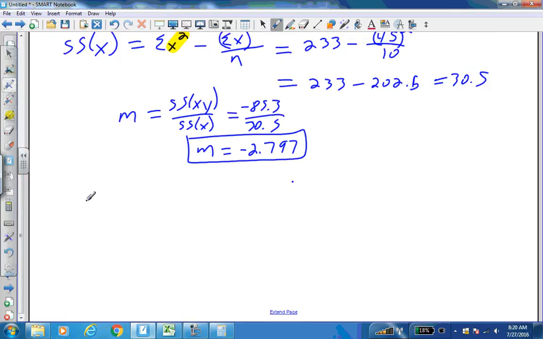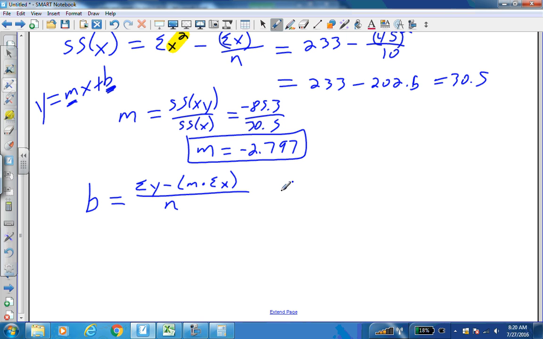Now to get our y-intercept, again, the book uses y notation, but in math, normally we say a line is y equals mx plus b, where m is the slope, b is the y-intercept. So we'll call it b. The y-intercept is the sum of the y's minus the slope times the sum of the x's, divided by the number of data points.